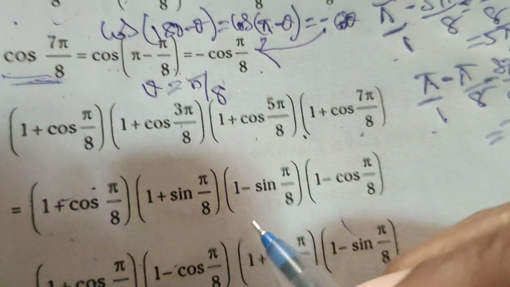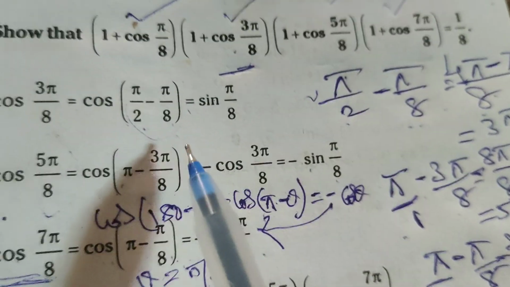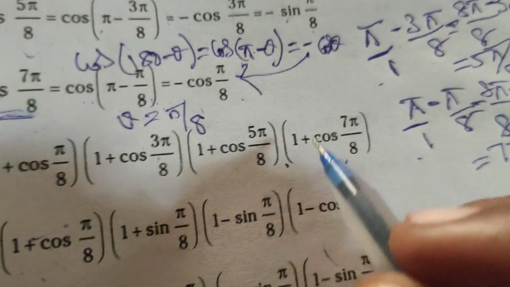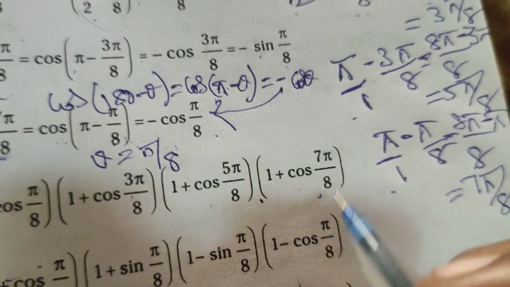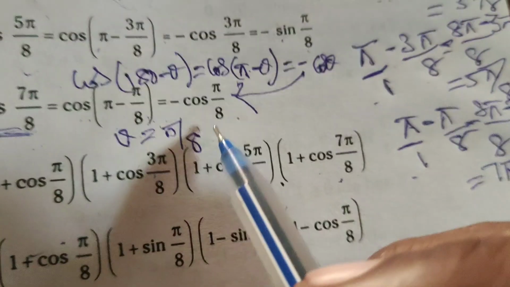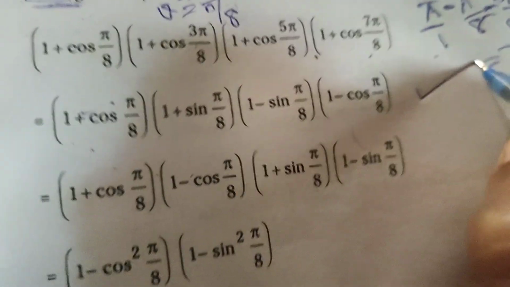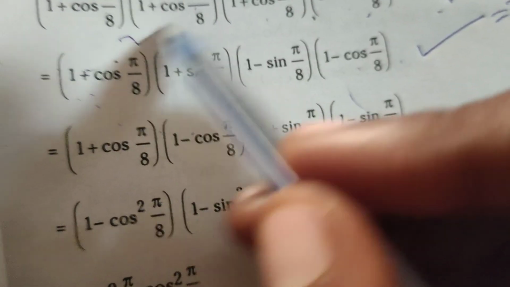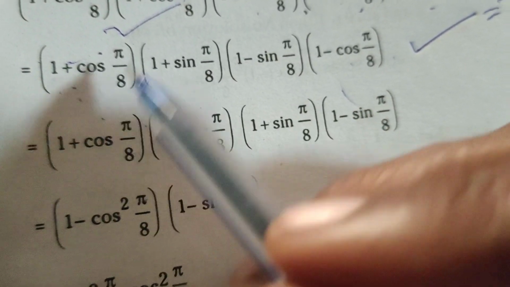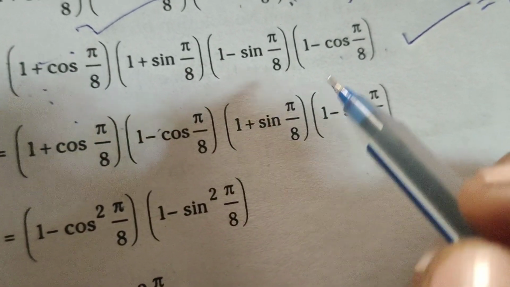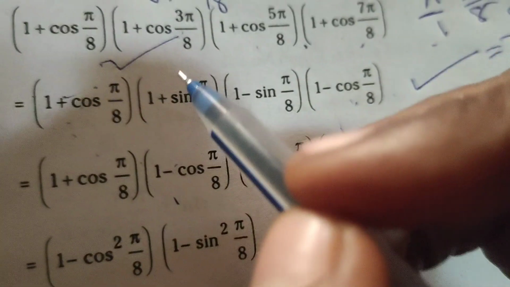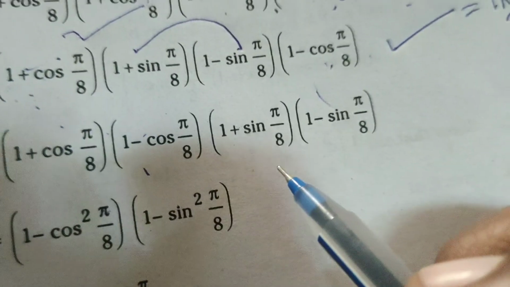In place of cos 5 pi by 8, write 1 minus sin pi by 8. In place of cos 7 pi by 8, write 1 minus cos pi by 8.